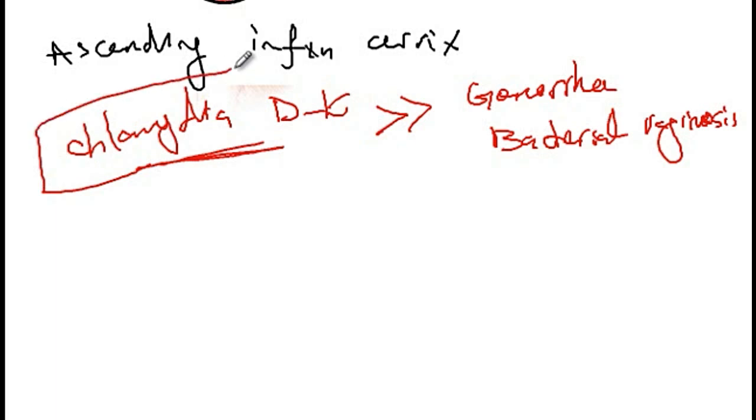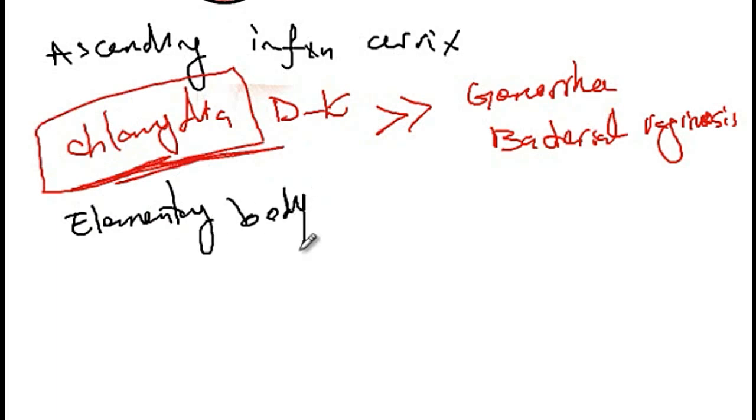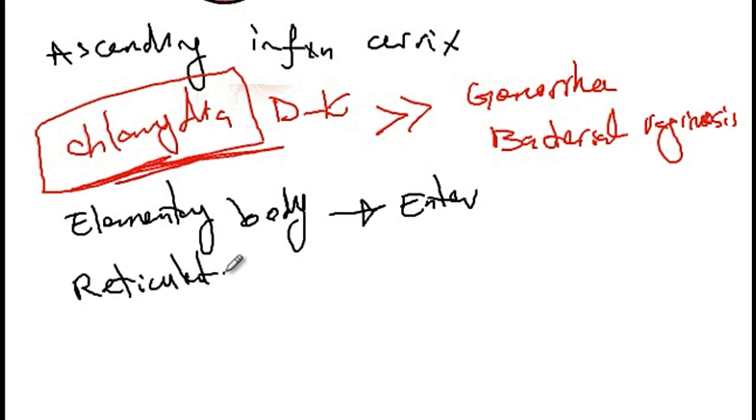Now, regarding the chlamydia, I would like to discuss the life cycle with you. So chlamydia is an intracellular organism and cannot make its own ATP, so it has to live inside other cells. It exists in two different forms: elementary bodies, which help to enter cells, as well as the reticulate bodies, during which time they will replicate.